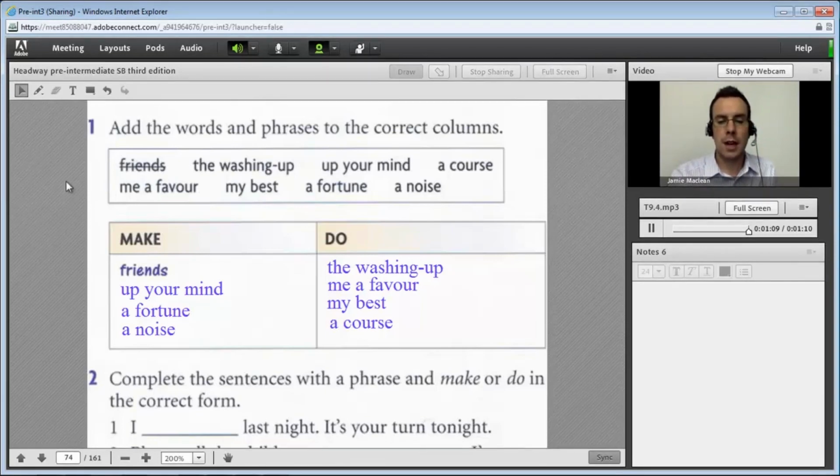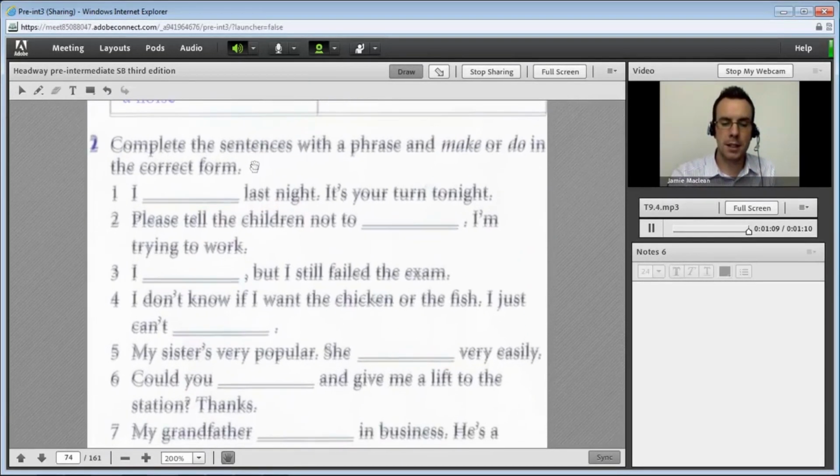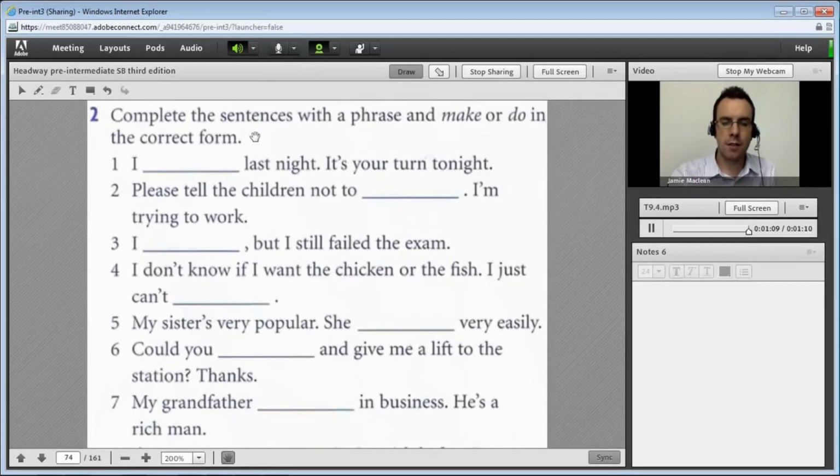Okay, what I would like you to do now is in number 2, I'd like you to complete the sentences using the phrases from the box in exercise 1 in the correct form. Remember, of course, make can be make, present simple, made, past simple, is making, present continuous, was making, past continuous, has been made, present perfect.